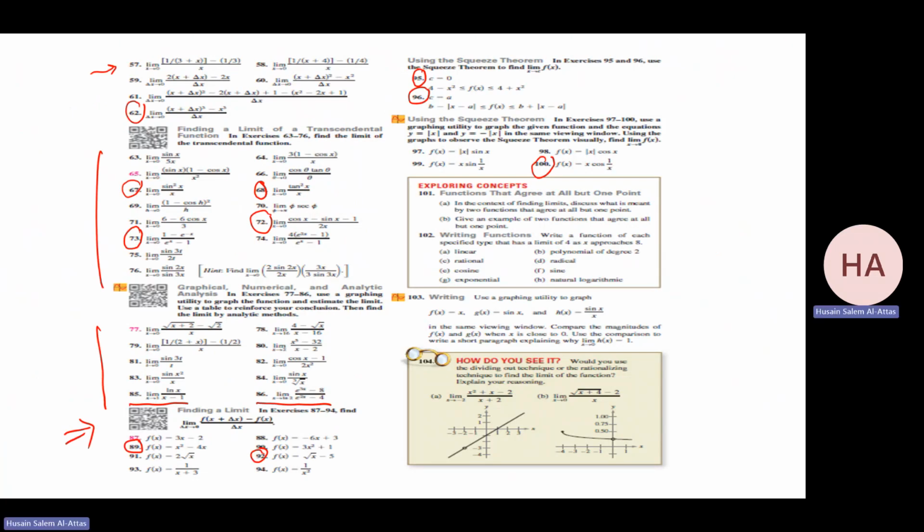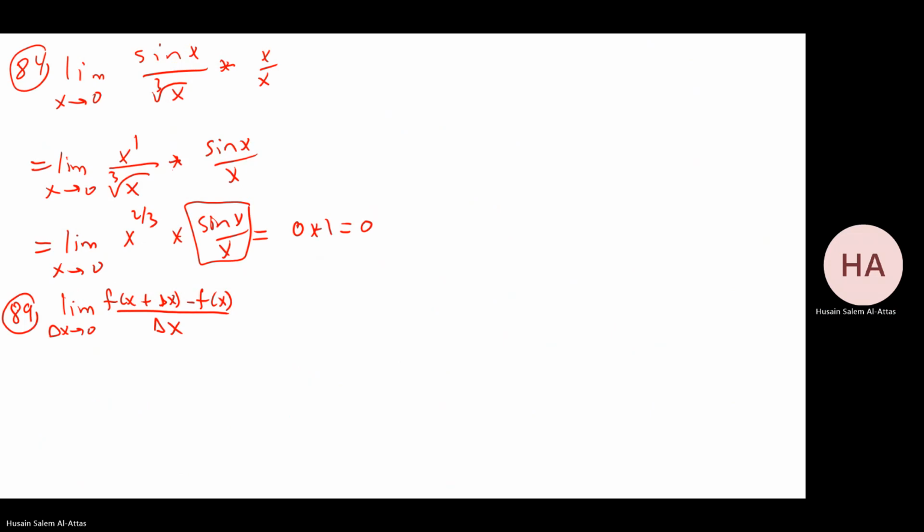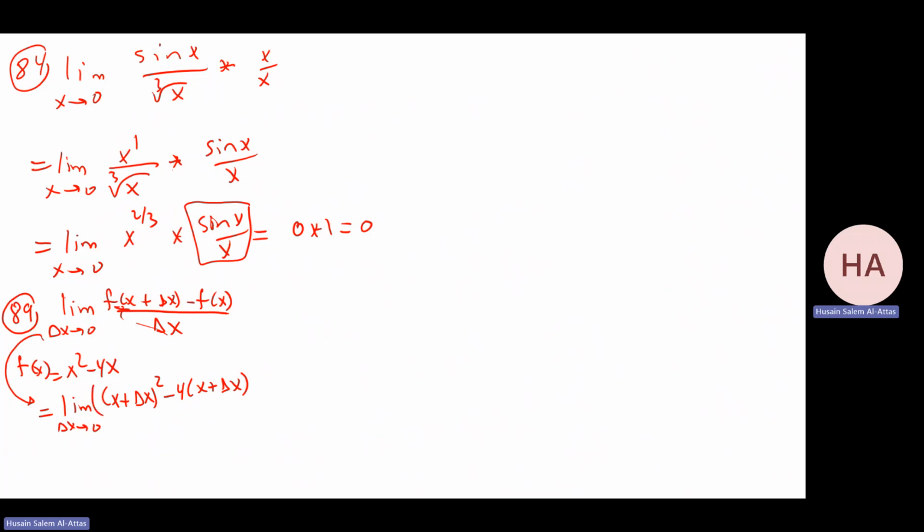Okay, x squared minus 4x. What will be that limit? It will be limit delta x goes to 0 of x plus delta x squared minus 4 times x plus delta x. This is only f of x plus delta x. This is minus x squared minus 4x.